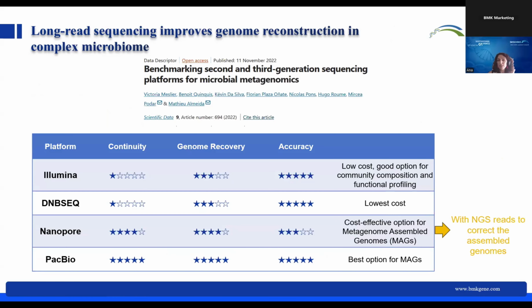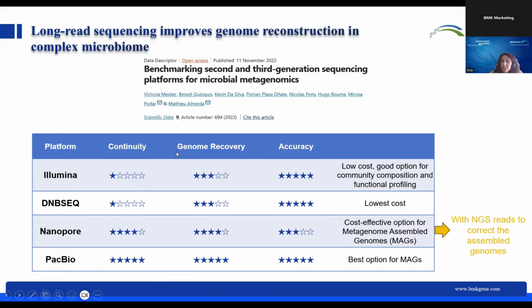One is continuity, the presence of gaps, as I just mentioned. With short reads, the assembled genomes always have more gaps. With long reads, PacBio is the technology that obtains the most continuous assembly, followed by Nanopore.